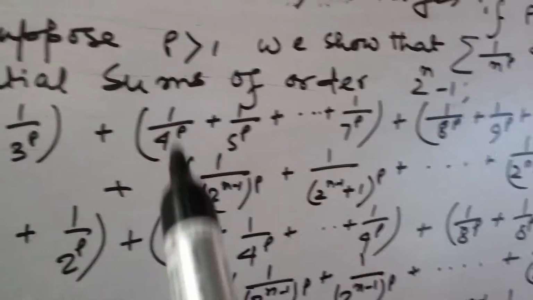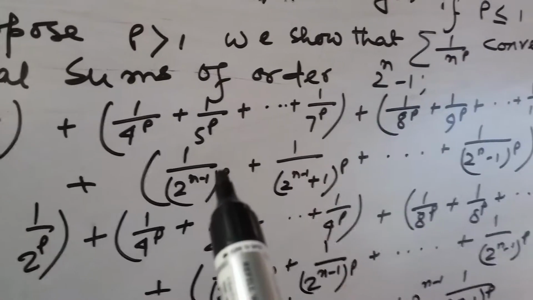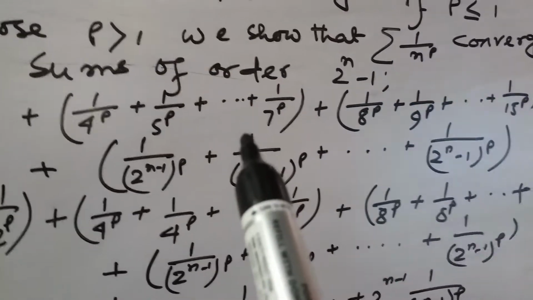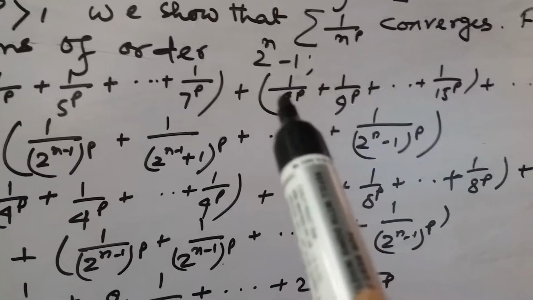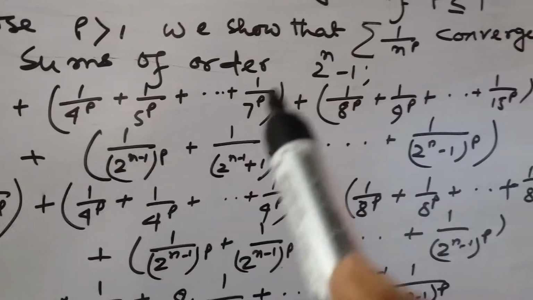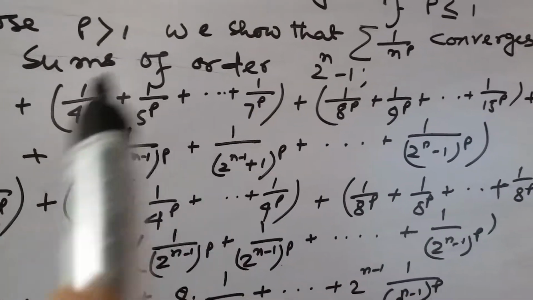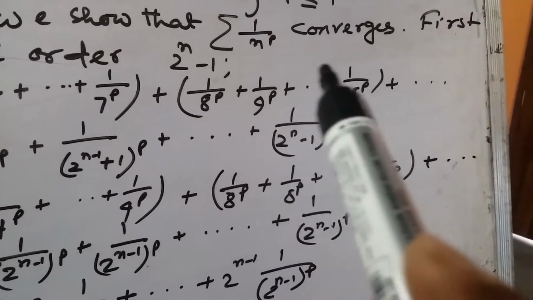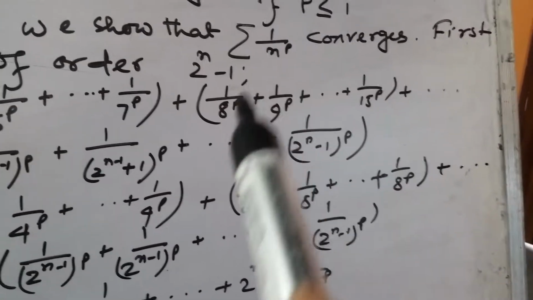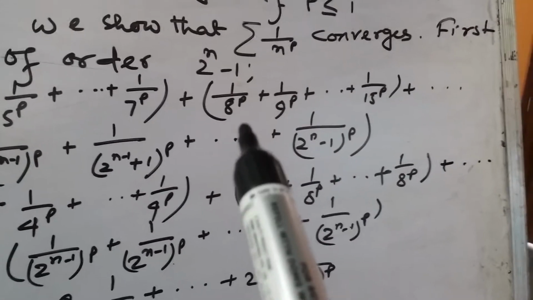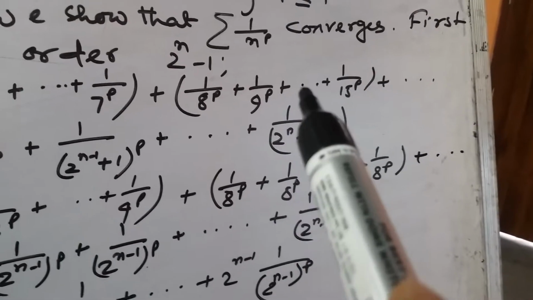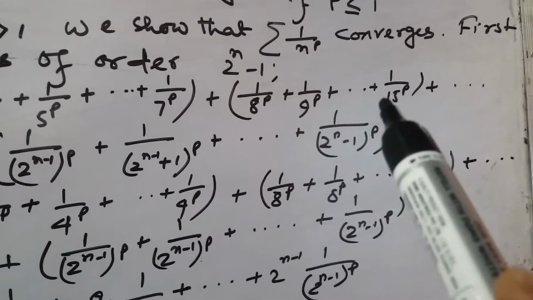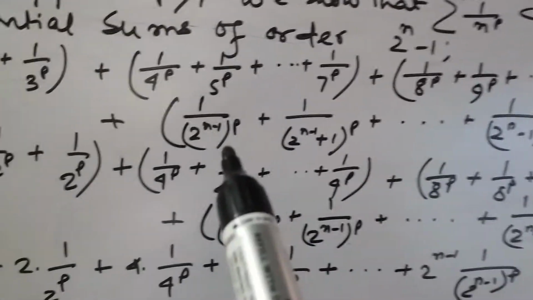Here you keep 4 terms: 1 by 4 to the power p, 1 by 5 to the power p, 1 by 6 to the power p, 1 by 7 to the power p. In this way, here you keep 8 terms: 1 by 8 to the power p, 1 by 9 to the power p, dot dot dot, 1 by 15 to the power p.